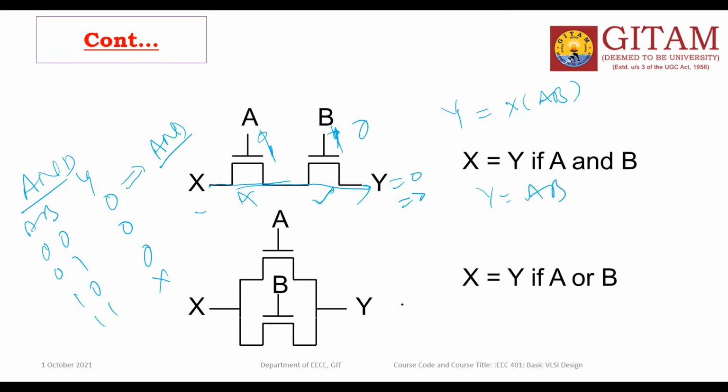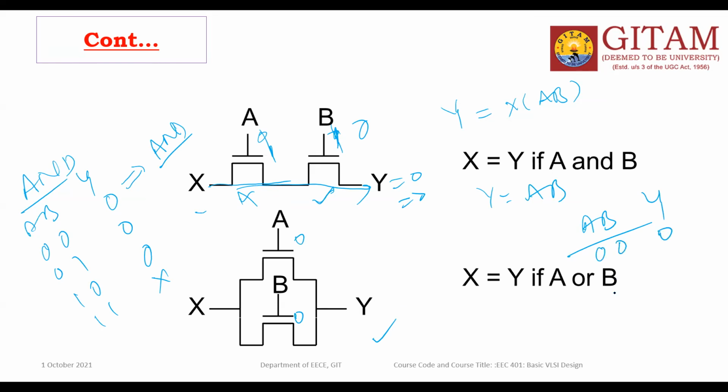Similarly, this is the OR gate. To get the OR operation, the pass transistors should be connected in parallel. If you check AB and Y, if both are zeros, both will be off and the output is 0.